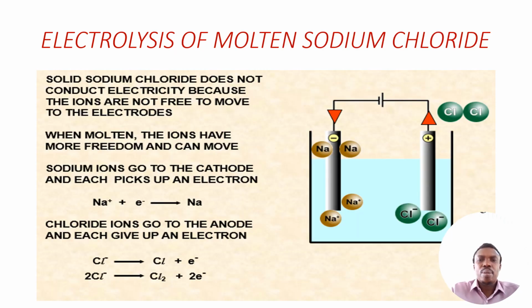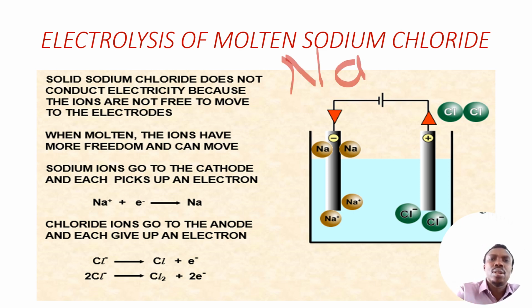Now, electrolysis of molten sodium chloride. What that means is that sodium chloride, NaCl, is in a molten state, in liquid form. If you electrolyze molten sodium chloride by passing electricity through it, it dissociates into sodium ion and chloride ion.